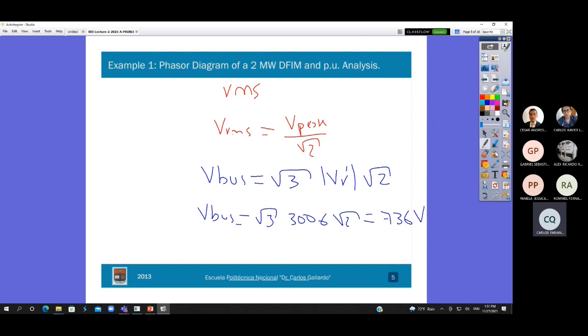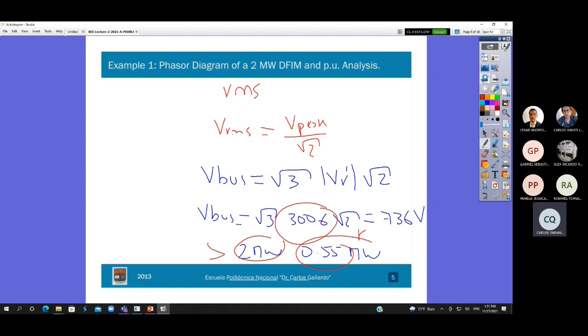So this example shows that with the machine designed to generate, in this case, 2 megawatts and 0.55 megawatts of power through the stator, this power comes from the stator, and this power comes from the rotor, right? The rotor side converter must be able to handle this value. In this case, the machine is magnetizing through the rotor.